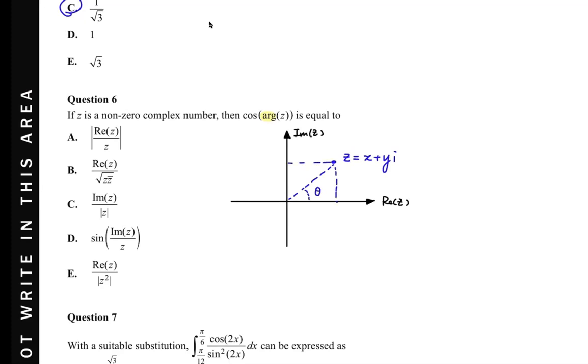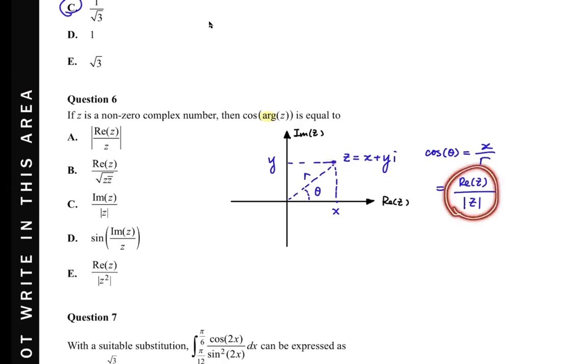Breaking that into two pieces, that's your x and that is your y. So your cosine theta, which is cosine of argument z, will be x over r. What is your x? x is your real part. And your r will be your absolute value of z, which is the length of the complex number here.